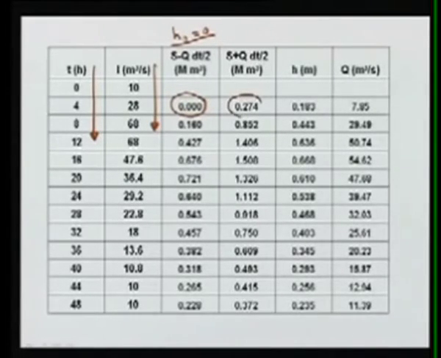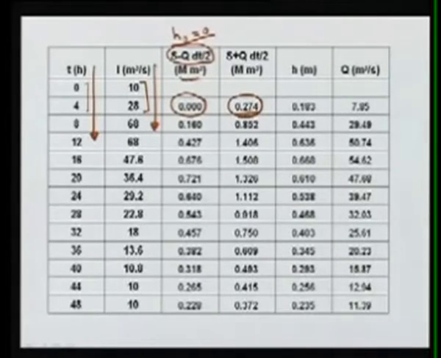This term comes from S minus Q delta T by 2 plus the mean inflow into delta T. So 28 plus 10 divided by 2, which will be 19 meter cube per second, into 4 hours. That we will convert into million meter cube and get a value of 0.274.